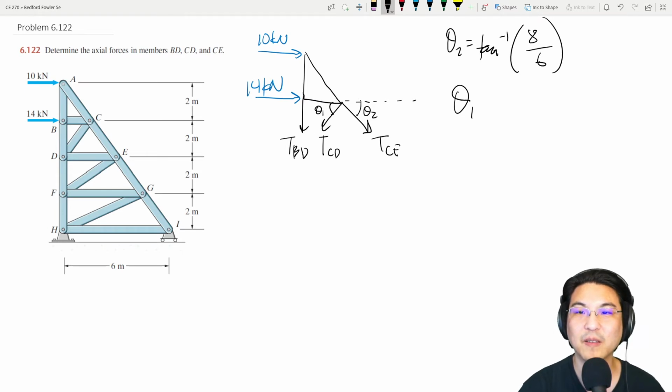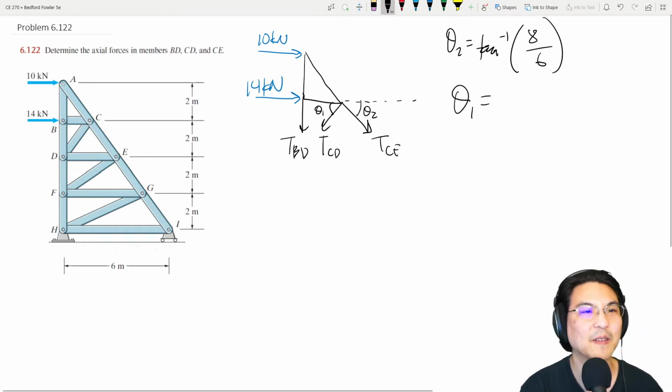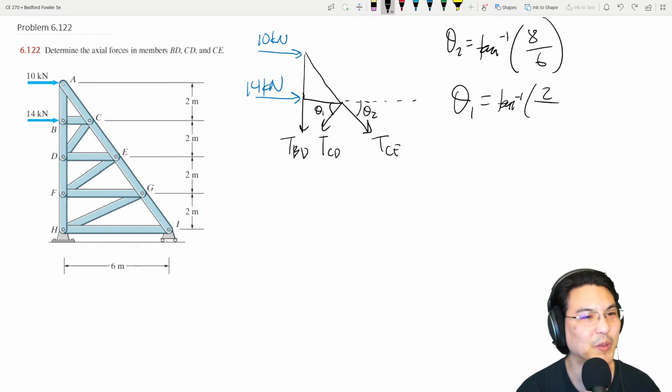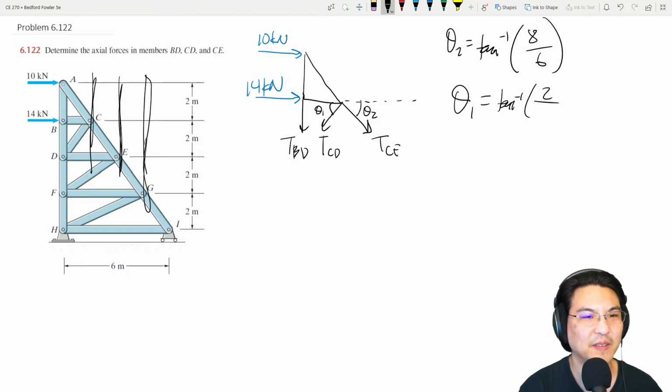Theta 1, just make note that if you take a look, this angle, this angle, this angle, they're all different, right? If you just look at it. So we just want this one over here. So this triangle, it's going to be opposite over adjacent. So this is 2. And how far is this? It's not labeled, but we know that here to here is 6. And then see how these are all even like this?